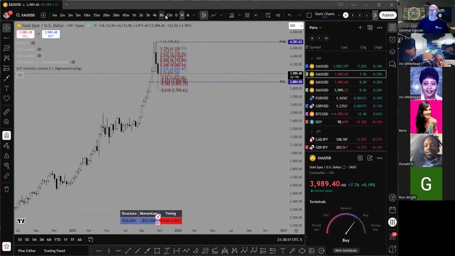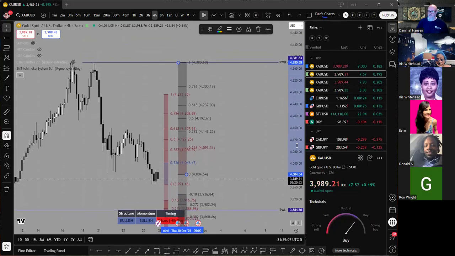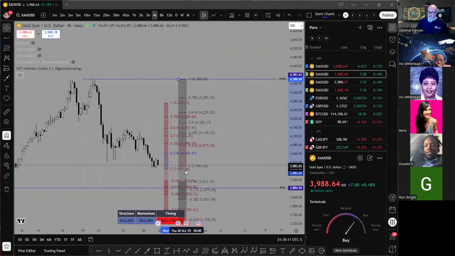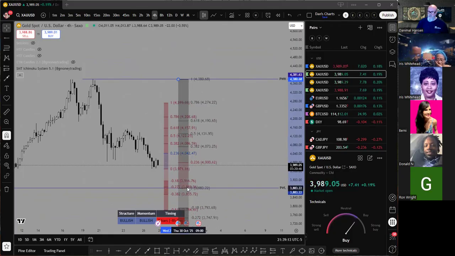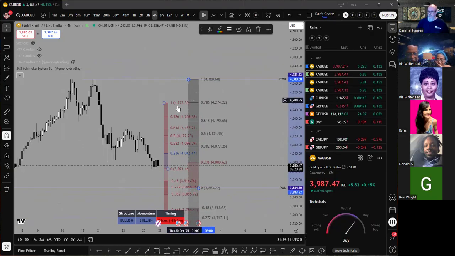Let's go to the 1 hour and fix our 4 hour and fix our fibs. Like I said, you can fib as long as you fib your charts, that's what's important. It doesn't matter what time frames you choose, whatever works for you. I find these work great because I want to know a point of reference.